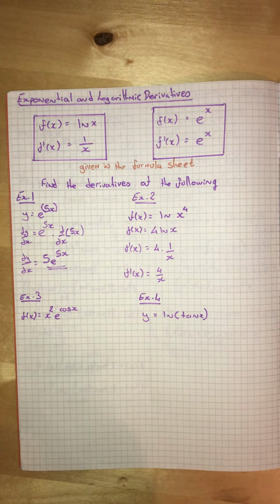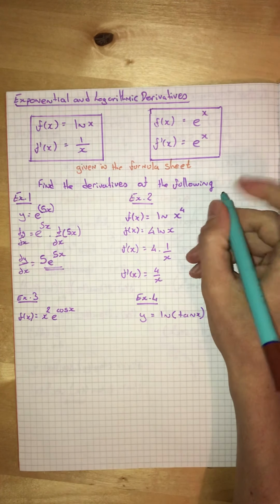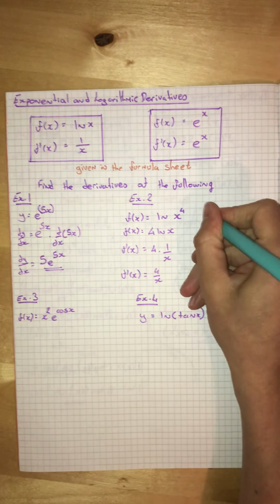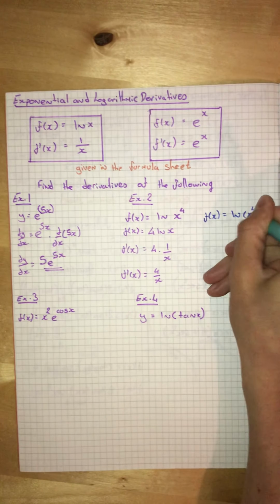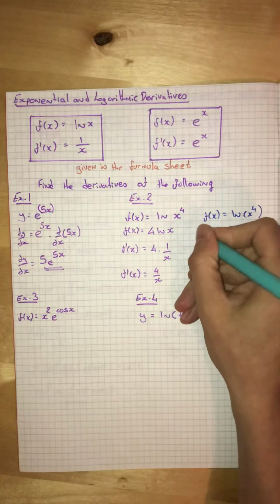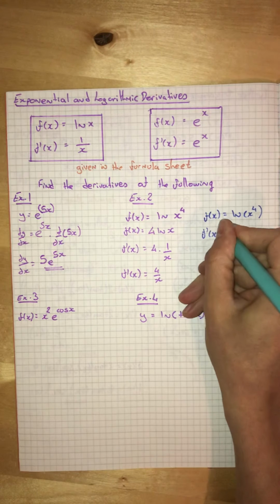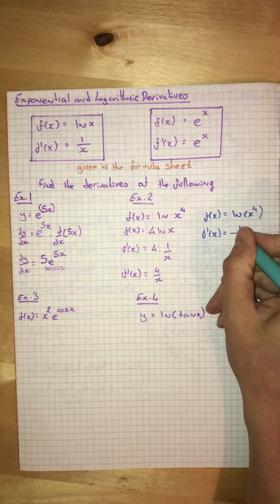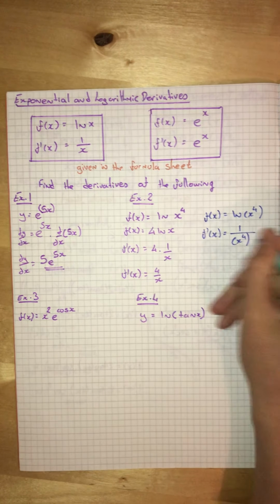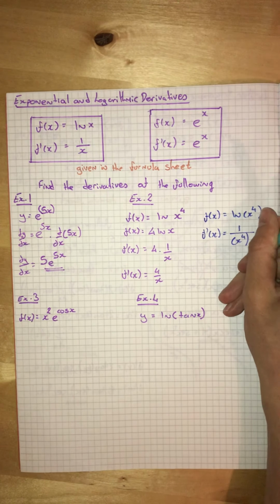If you had forgotten to do your log laws like that, we could have still differentiated it using the chain rule. And it should come out with the same answer. So we would differentiate the log and then times it by the derivative of what's inside the brackets.